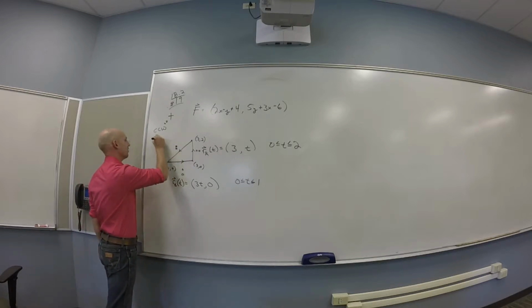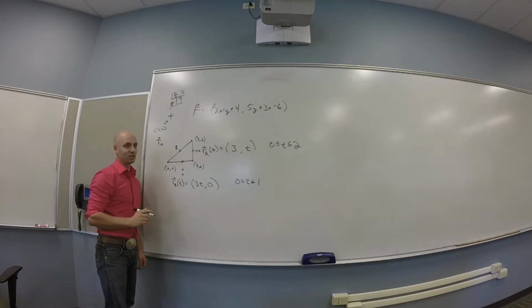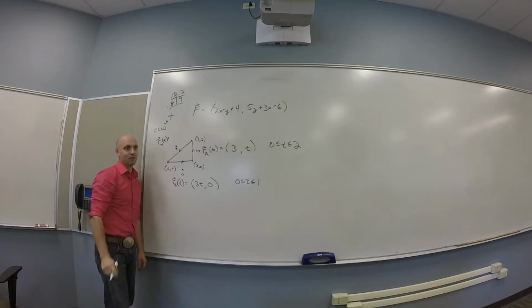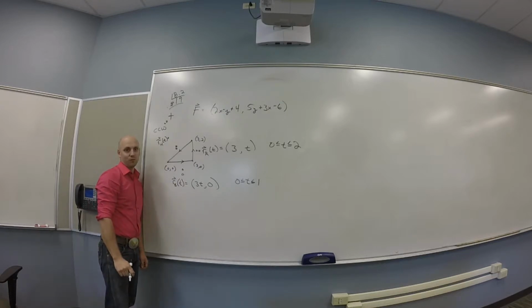Okay, and the hard one, our hypotenuse of t. First you start at the position 3, 2, which is the big problem here.